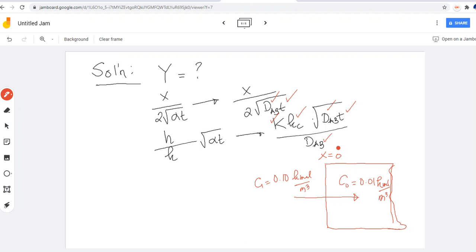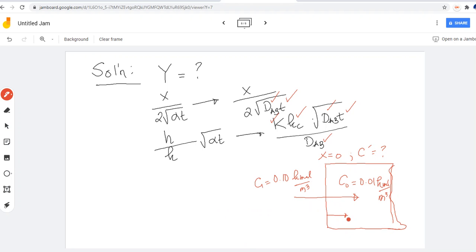Now there are two scenarios as stated in the problem, and that is, one scenario is you are to determine the concentration here at the designated time. So let's say the concentration at x equal to 0 is C prime. Okay, and the other requirement is that we are to determine the concentration at a point which is stated in the problem, 0.01 meter from the surface.